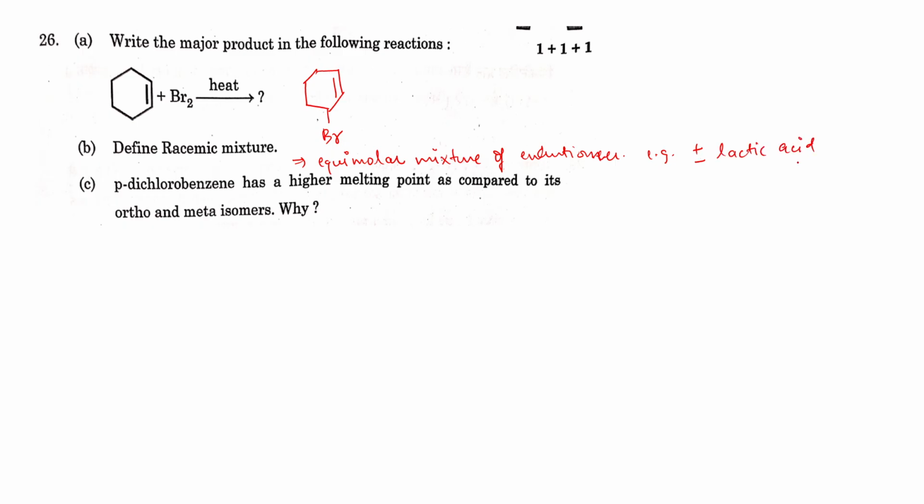So whenever we have 50% of plus and 50% of minus, it becomes a racemic mixture.